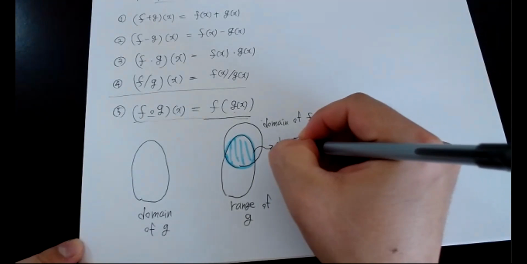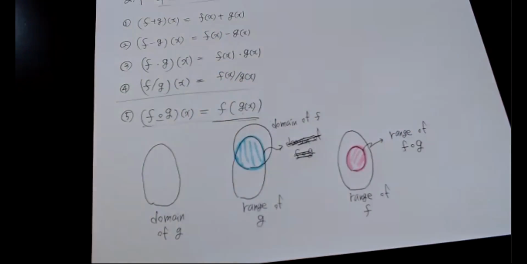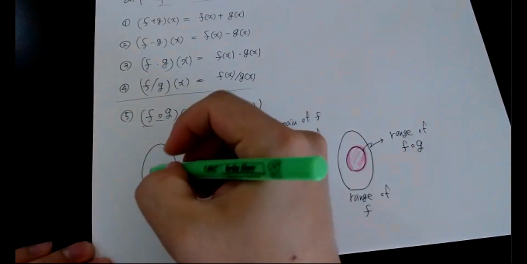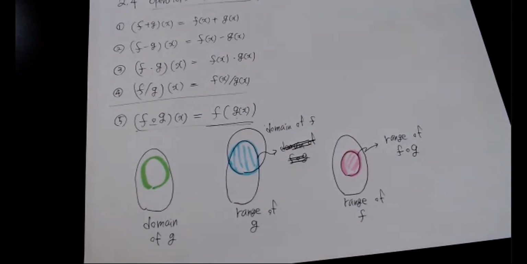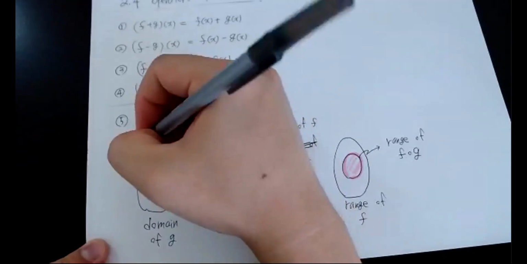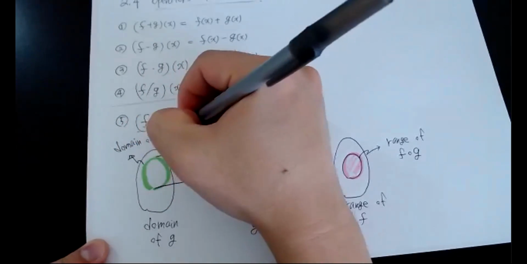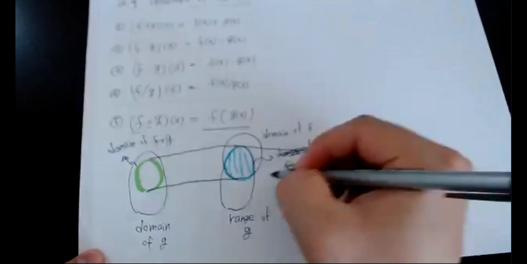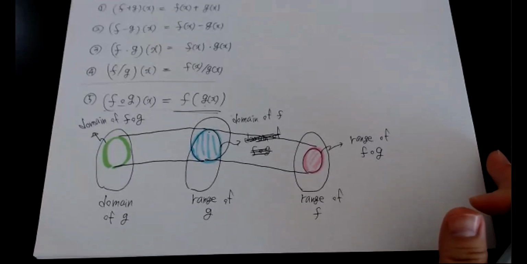Yeah, what I was doing was a mistake. Give me a second. So right here, some part of that, from here to here. All right, so that's going to be the domain of f after g. Sorry. Then this one goes right here. Okay, so that's the diagram of the composition of f and g.